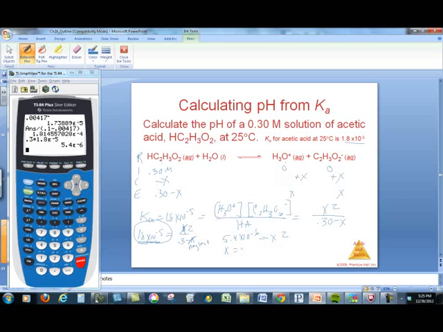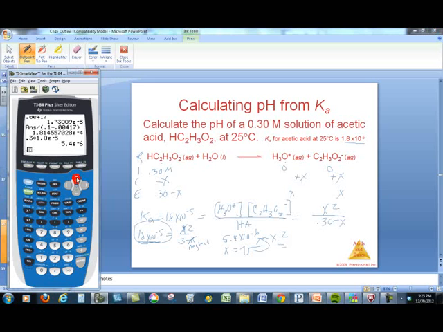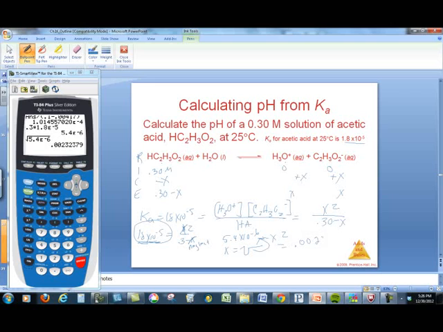So X is equal to the square root of this, and I'll take the square root function, enter, and I get 0.0023 is my concentration, right? It's molar.